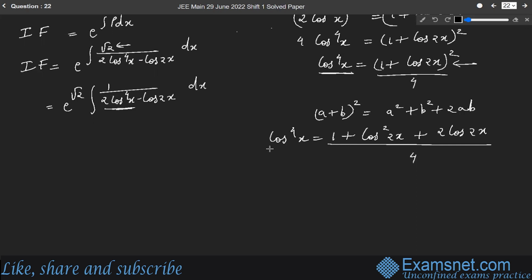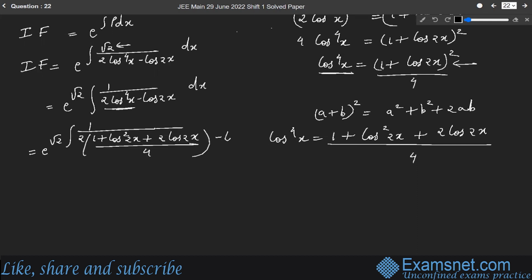Okay. So now we can substitute the value of cos power 4x in this given integrating factor. So it will be e power root 2 into integral of 1 upon 2 into cos power 4x, which is (1 plus cos square 2x plus 2 cos 2x) divided by 4, and then we have minus cos 2x and dx.